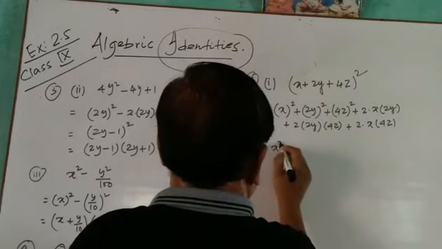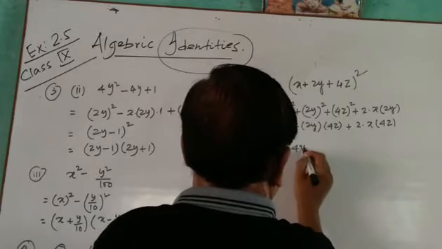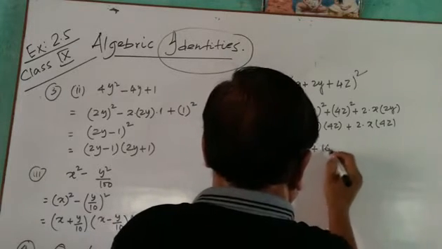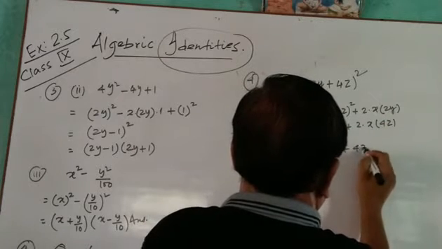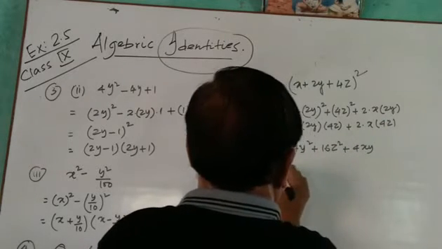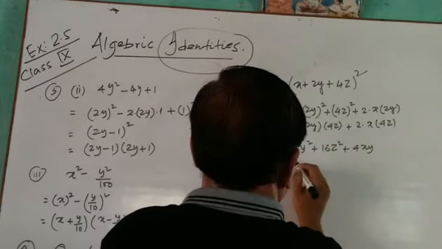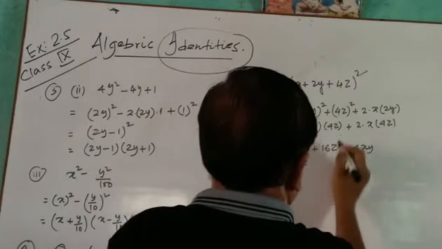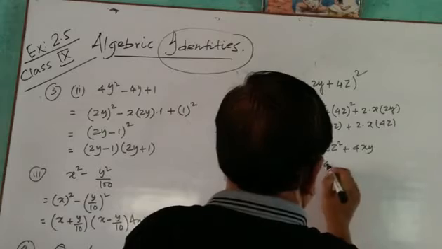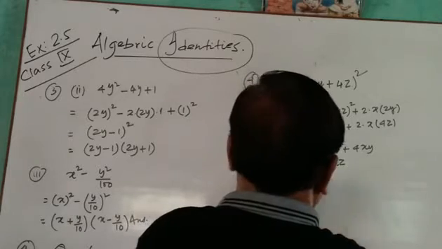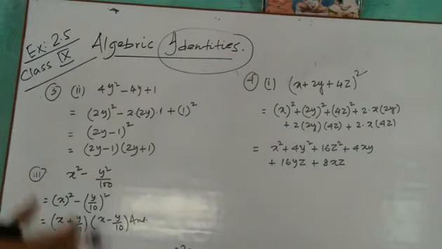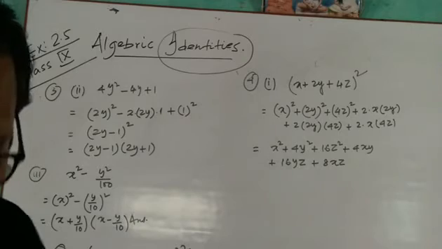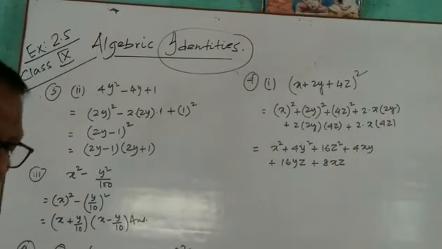Now it will be x square plus 4y square plus 16z square plus 4xy plus 16yz plus 8xz. So this is the square of the trinomial, and question number 4 is based on the square of the trinomial.